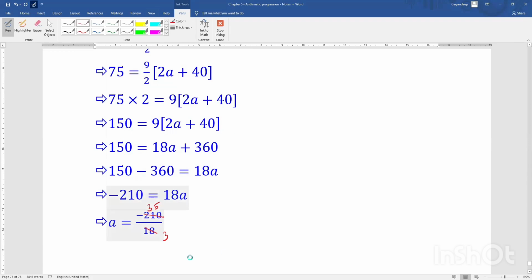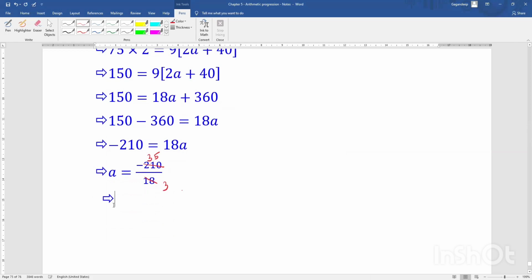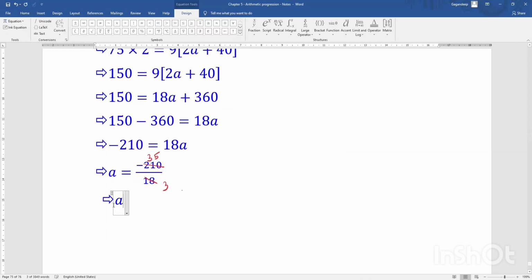So minus 35 by 3 will be the answer. So a equals minus 35 by 3.